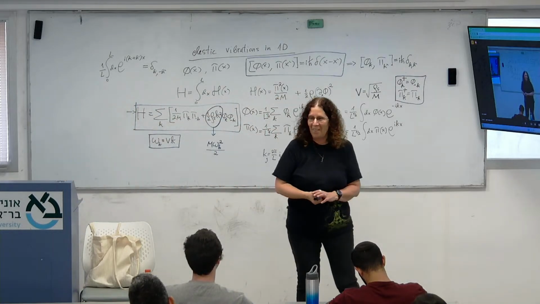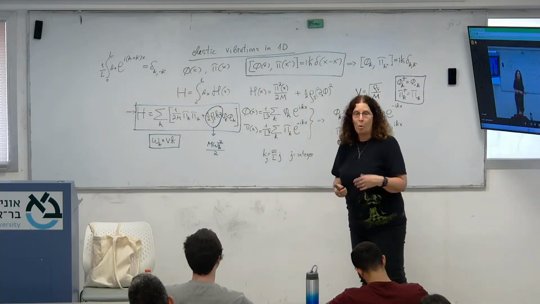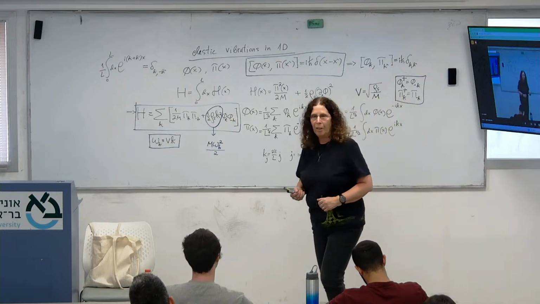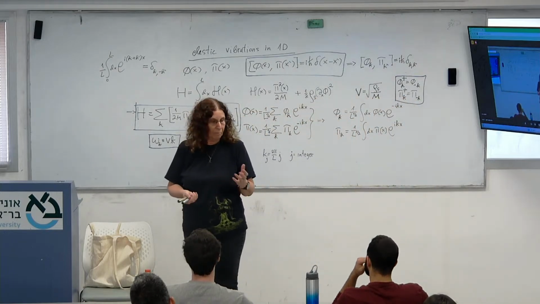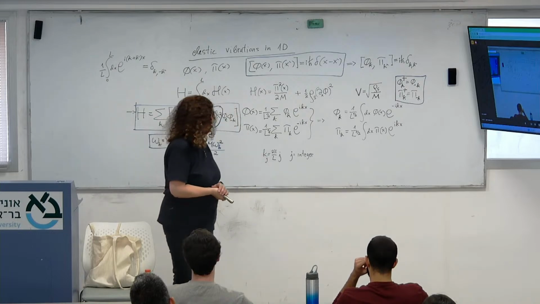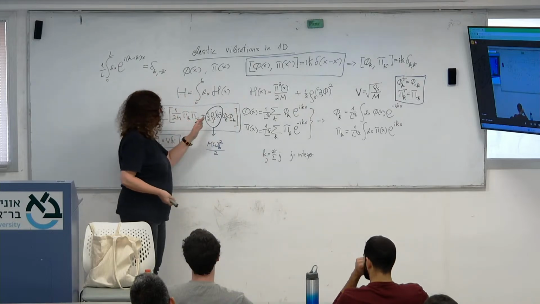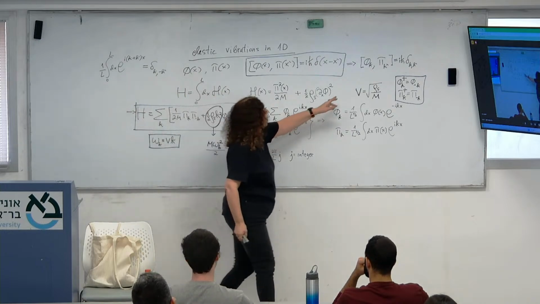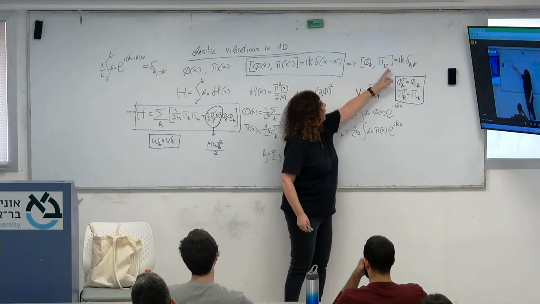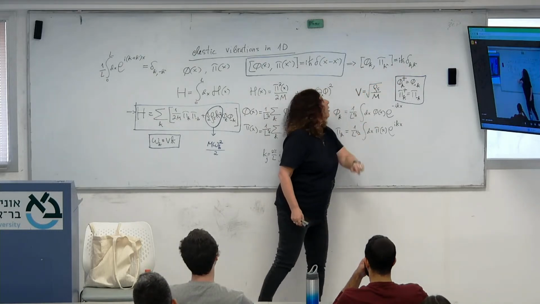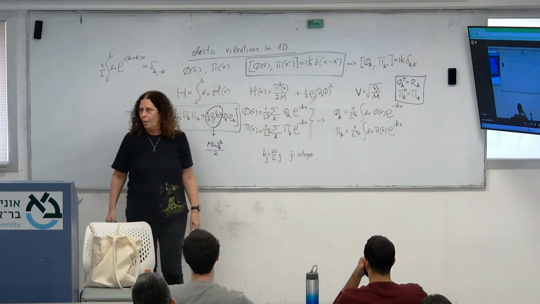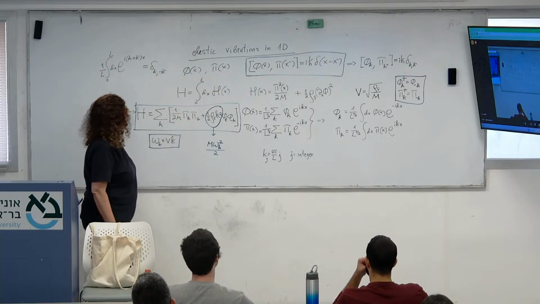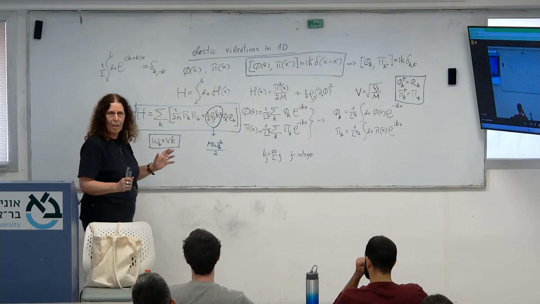If you remember from the harmonic oscillator, if you write it in terms of ladder operators, it's something like A dagger A, but here we still have two different fields, phi and pi, and they obey some commutators, which are the canonical commutators.